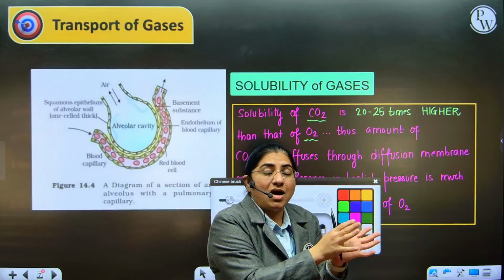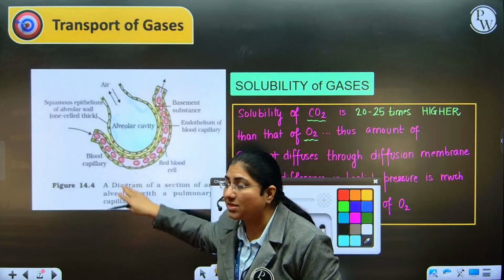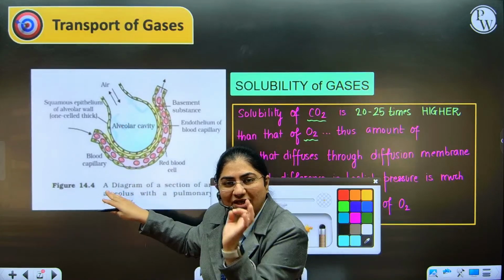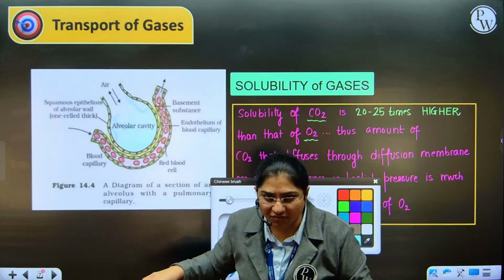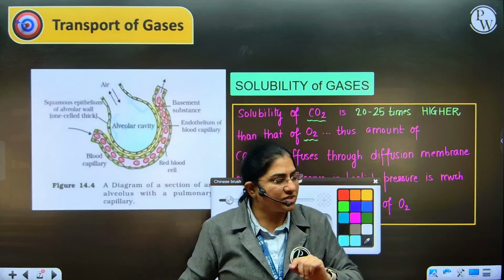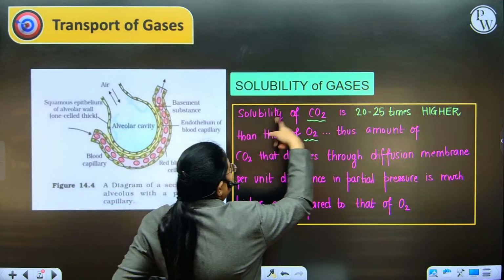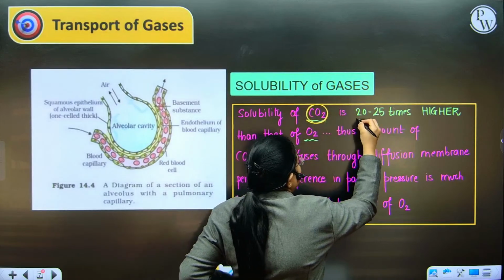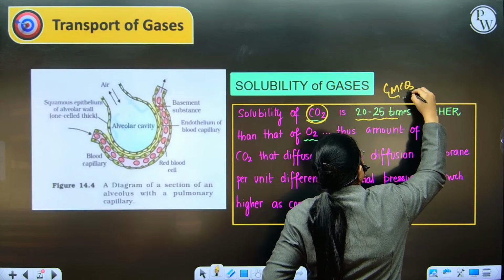Hence, the amount of CO2 that will diffuse across the membrane per unit difference in the partial pressure is much higher than that of oxygen. Do not worry, just give me a second. So let us see what it means. So solubility of CO2 is 20 to 25 times higher. Now this can come as our MCQ.